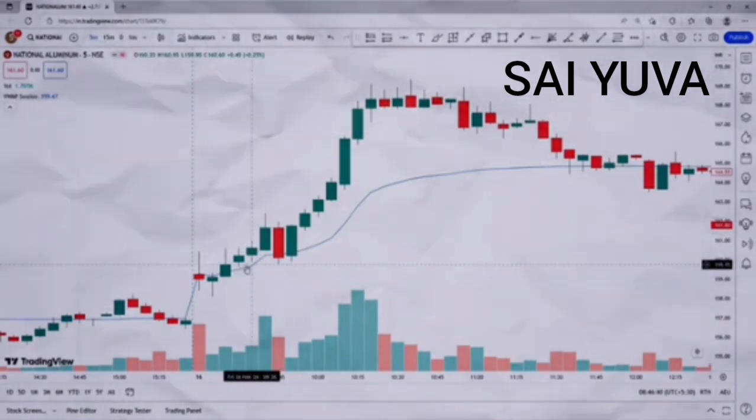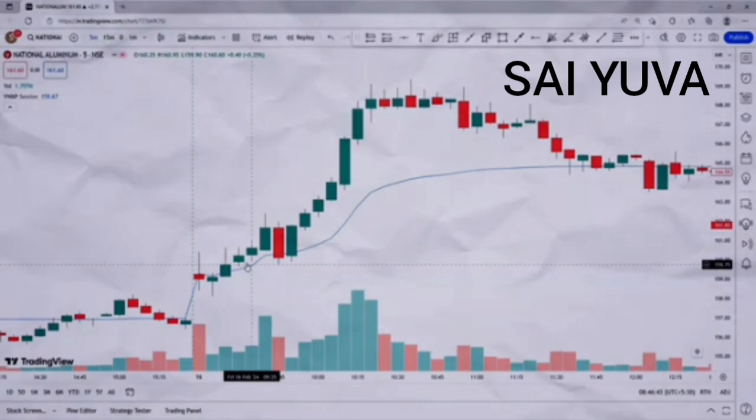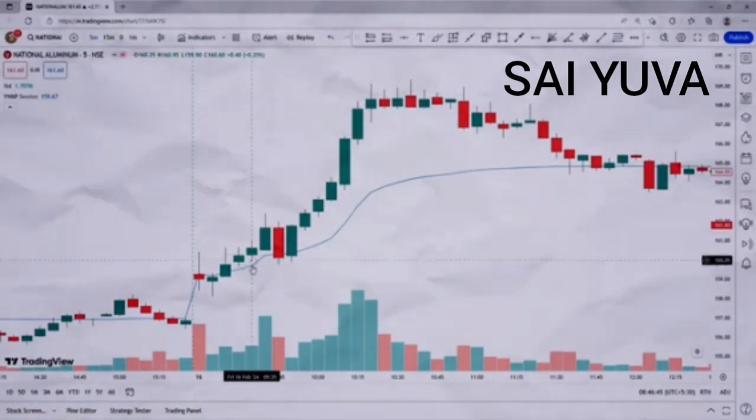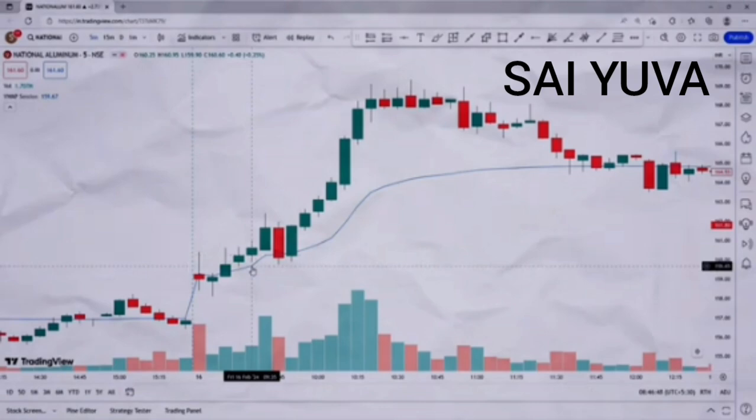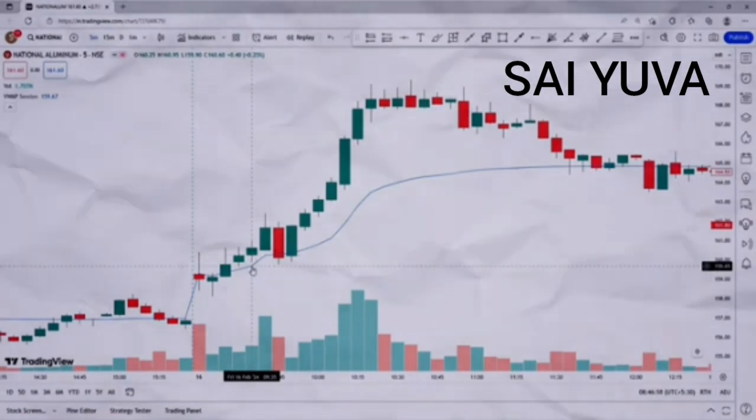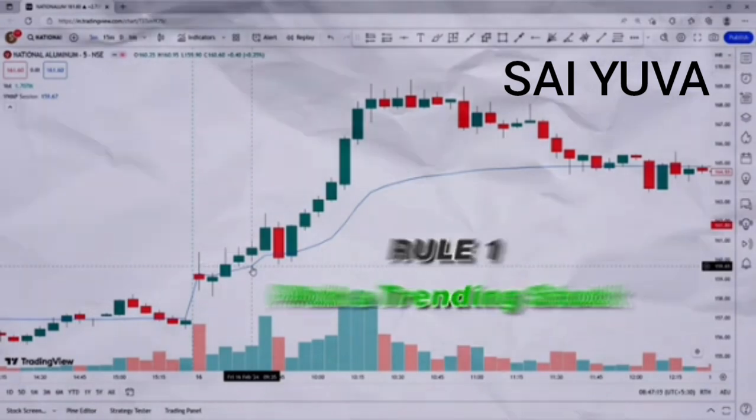Now in these 2 candles, for the first time when they are not touching their average price, it means that there is a bullishness, a buying strength, from where no seller is able to bring this price to its average price. So this is the first thing.